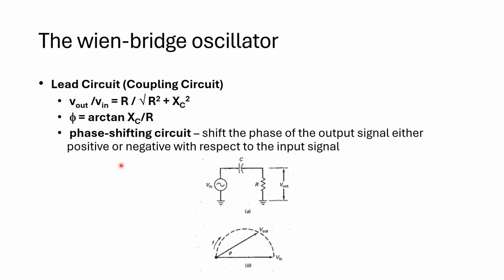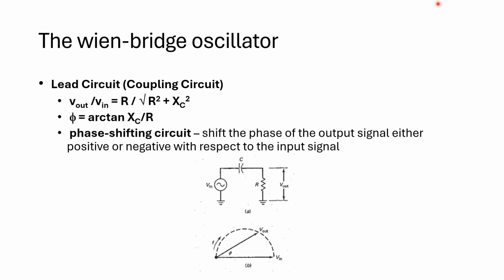Then we have a lead circuit. In this lead circuit, this is your capacitor. This is also called a coupling circuit, wherein we have, as you can see, a positive angle. The positive angle specifies that your output voltage leads your input voltage from 0 to 90 degrees. Both coupling and bypass circuits are also called phase shifting circuits.